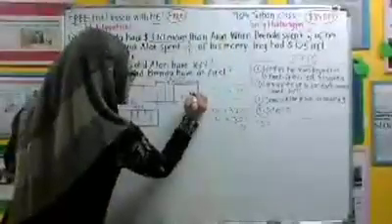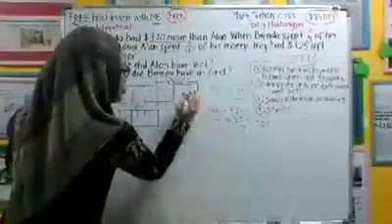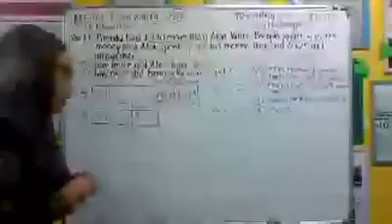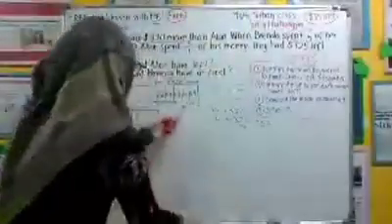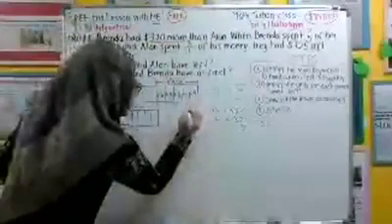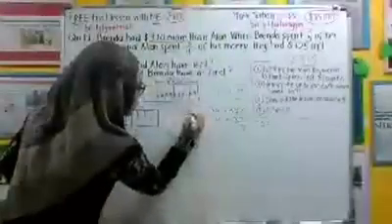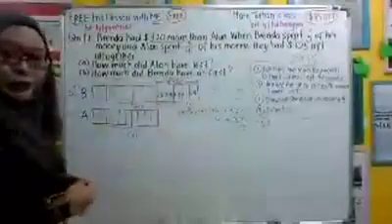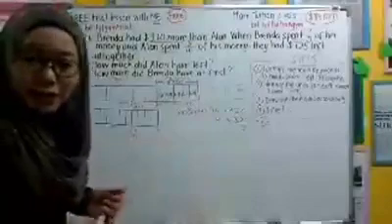Which means each of these inside here is 64, 64, 64, 64, 64. Right? So how much did Brenda have left this side? Over here, I take 64 times 3 equals 192. Okay? Right, clear so far?